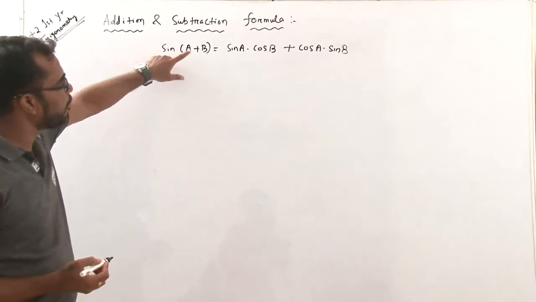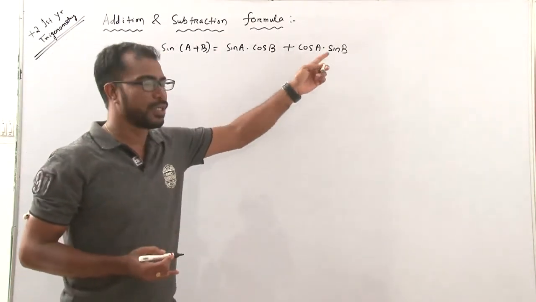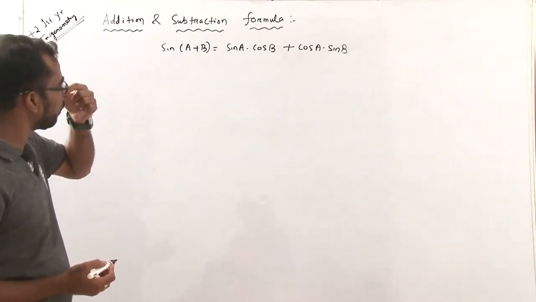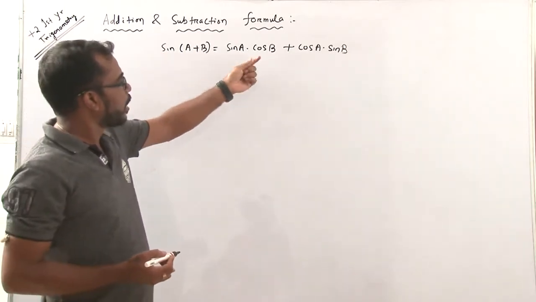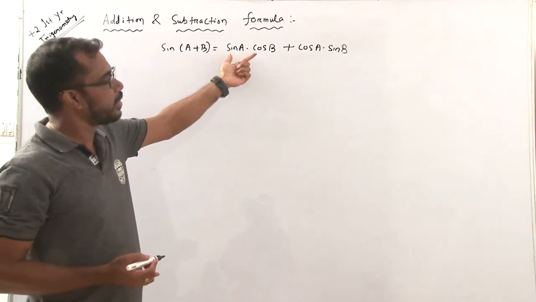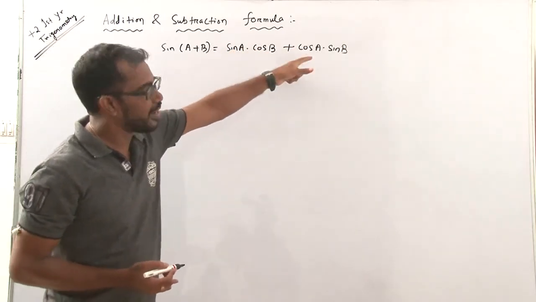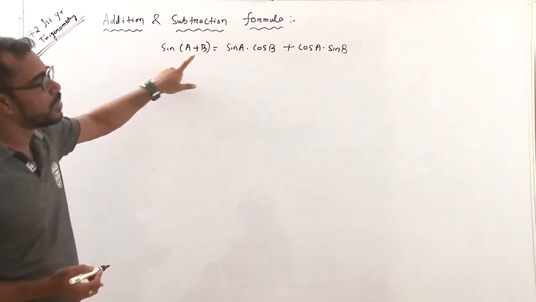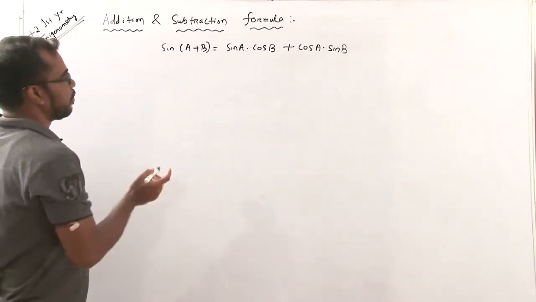How to learn the formula of sin(a plus b)? It is a formula in an alternate form in sin and cos. If the first term is sin a into cos b, the second term is the alternate of this. So sin(a plus b) is equal to sin a into cos b plus cos a into sin b.